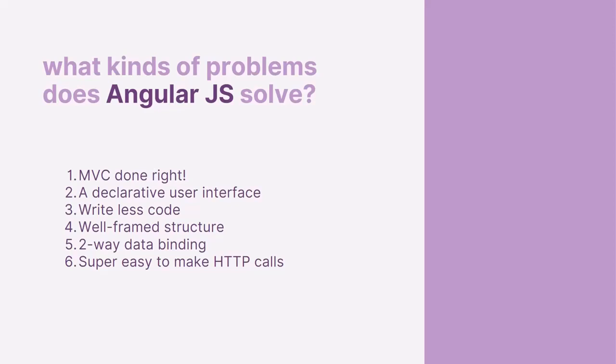And the last one is easy HTTP calls. It makes making HTTP calls extremely easy and also provides many additional operations on top of them, such as intercepting and so on. And actually, there are so many other problems that AngularJS could solve, but I think this would be enough for now.